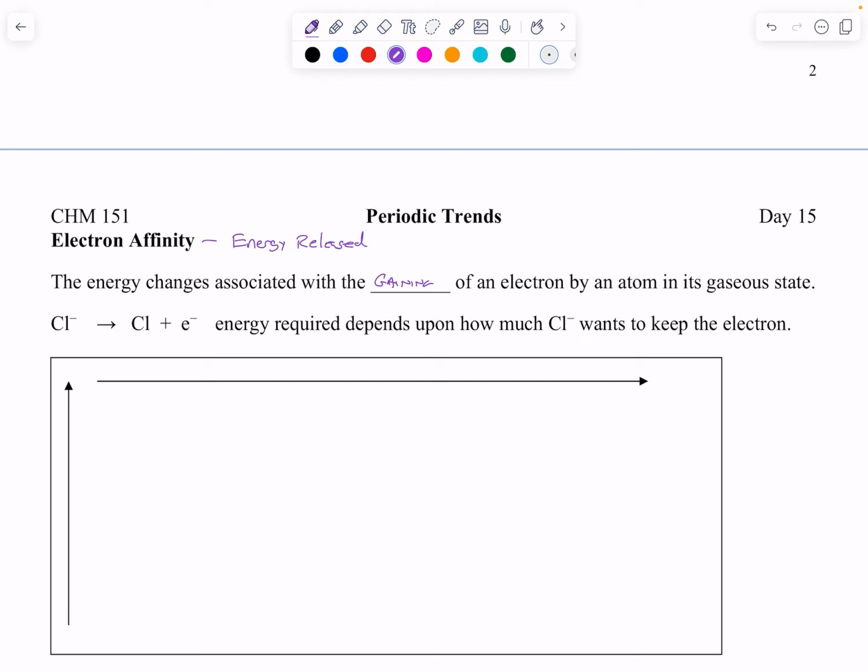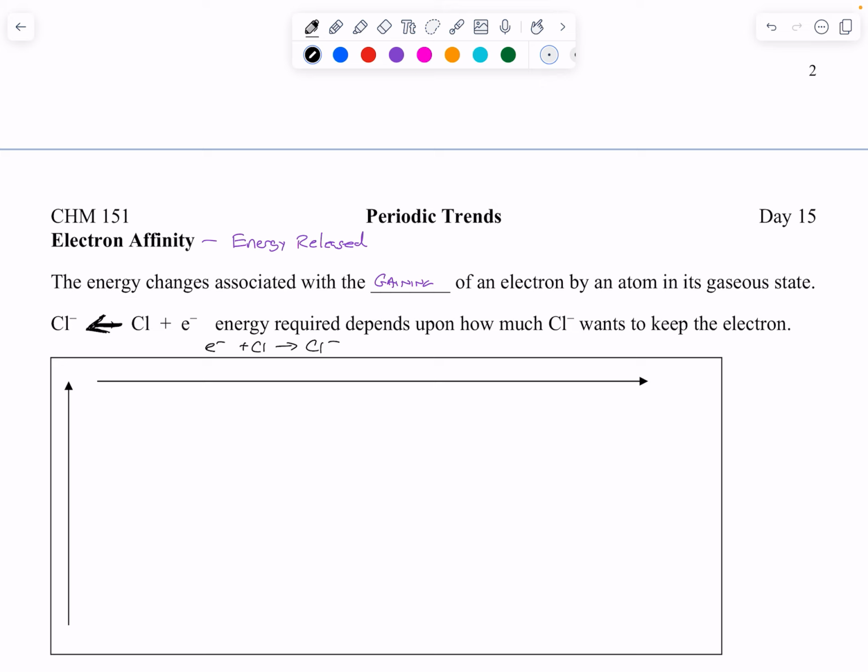It should be going the other way. Electron plus chlorine going to chloride. The energy depends upon how much chlorine wants to keep the electron. So it should be written electron plus Cl going to Cl minus, and it depends on how much chlorine wants to be chloride.